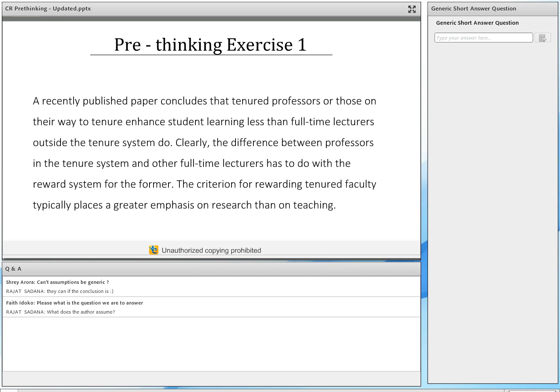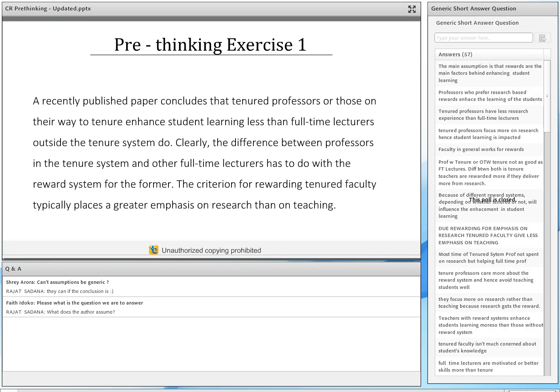All right. So 3, 2, and 1. Let me end the poll. Let me broadcast the results. So I'm going to give you about 30 to 40 seconds to read everyone's answer.